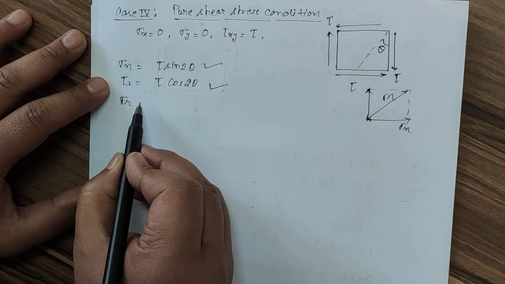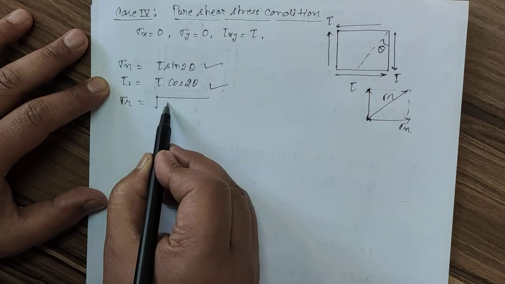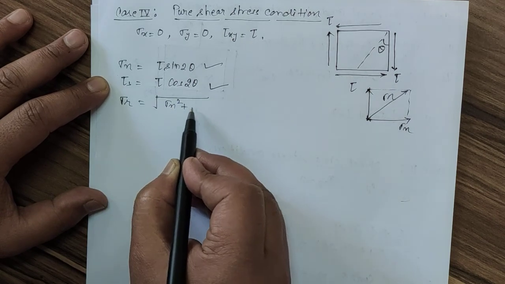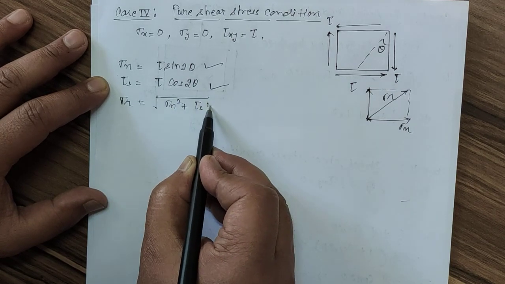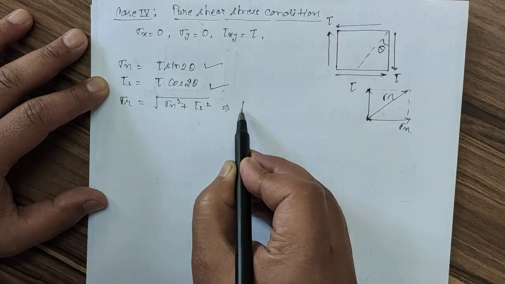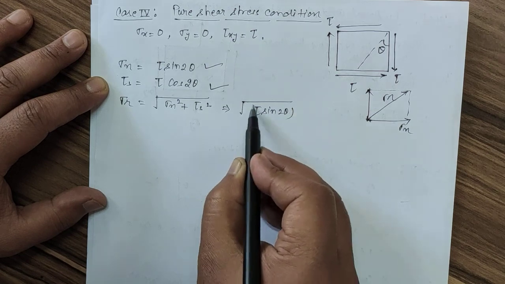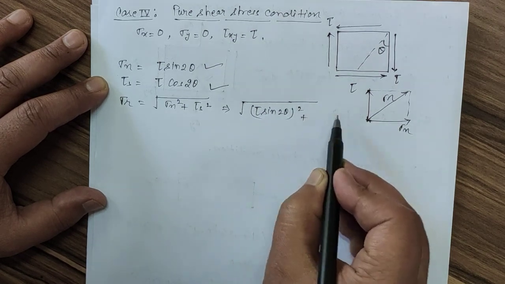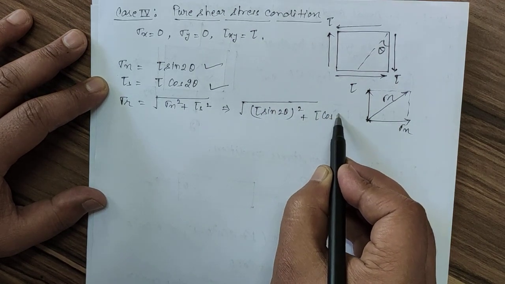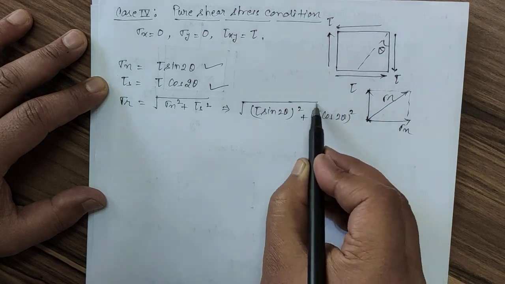Sigma r will be equal to the square root of sigma n square plus tau s square, that is tau sin 2 theta whole square plus tau cos 2 theta whole square.